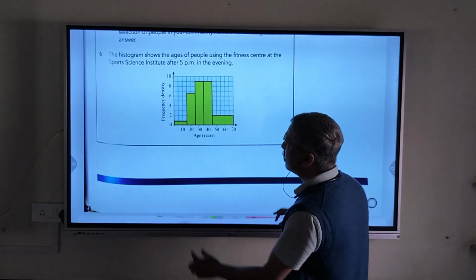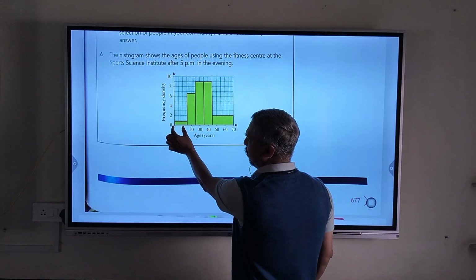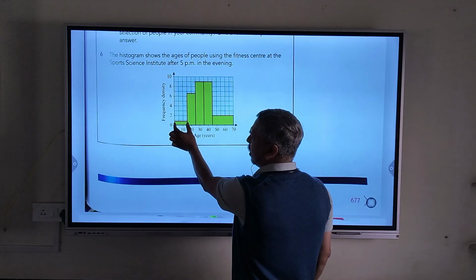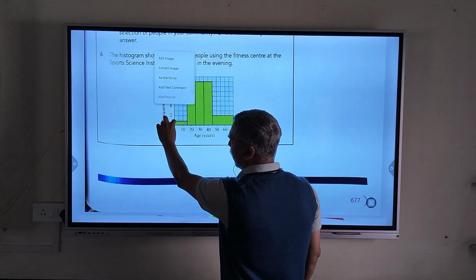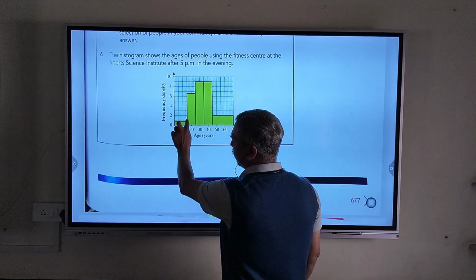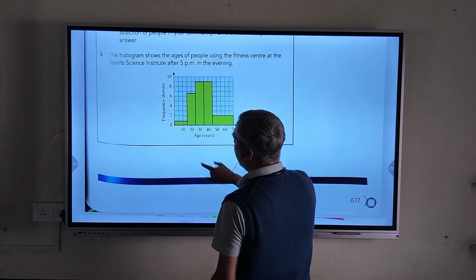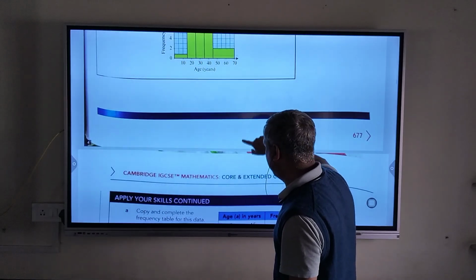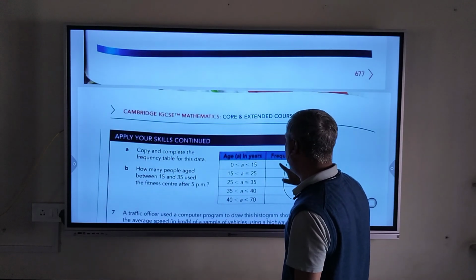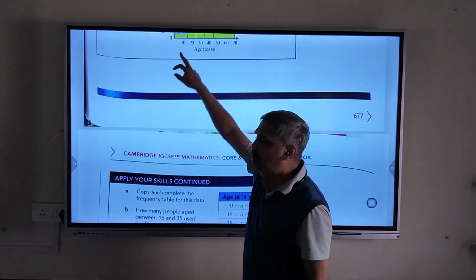See, 0 to 15 is here, and this is slightly less than 1. I think it is 0.8. So the frequency density is 0.8.